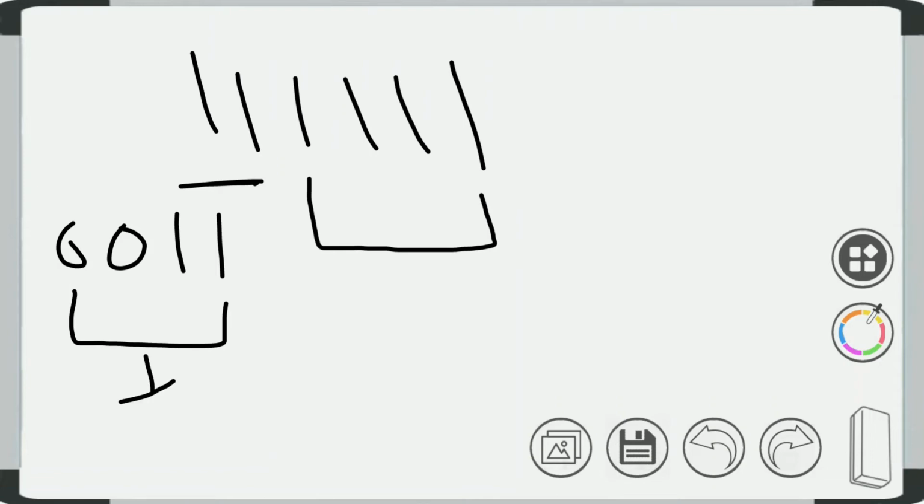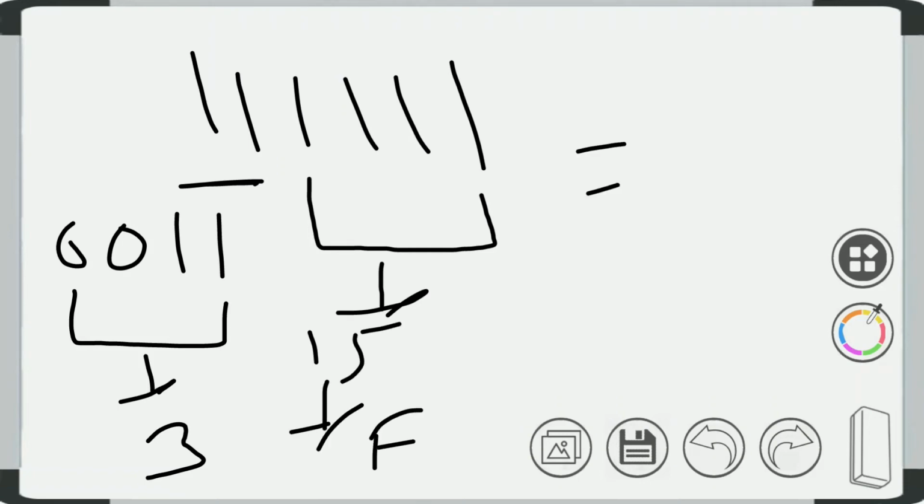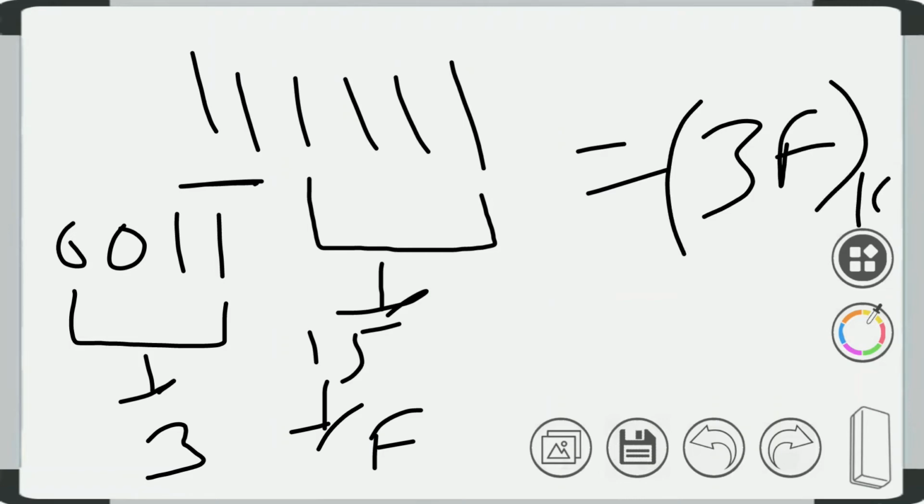So this is equal to 3 and this is 15, so this is equal to F. So the final value is 3F in base 16. So this is the equivalent hexadecimal number system.